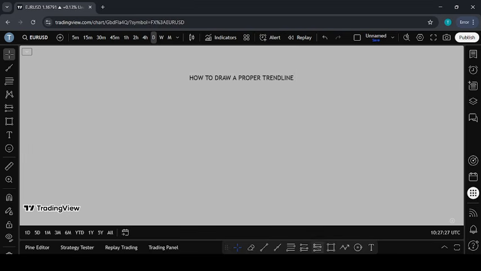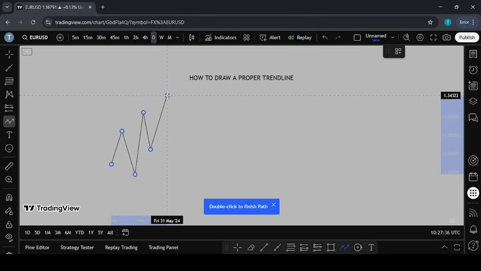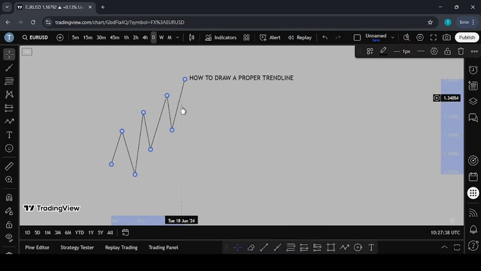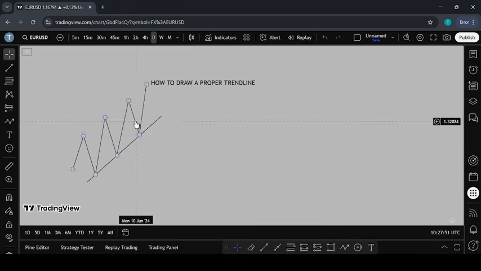For example, in an uptrend you have a series of higher highs. The market is creating a series of higher highs and higher lows to the upside. A line that guides this series of higher highs and higher lows going up is called a trend line, simply put, because this is a trending market.